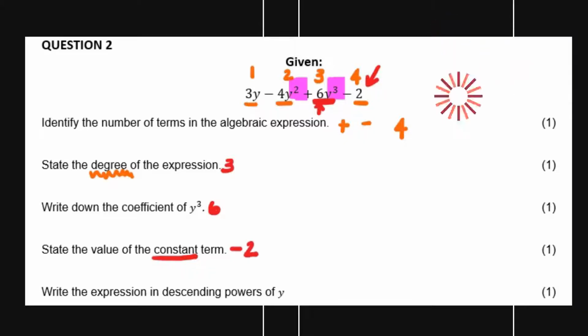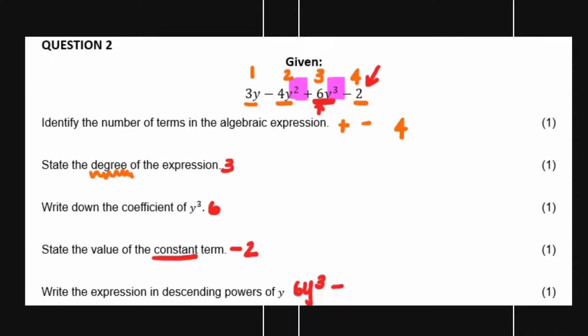The next question then states, write the expression in descending powers of y. We need to now reorganize this algebraic expression, starting with the term with the highest exponent in terms of y. We would start off by saying 6y cubed, which has the highest exponent.